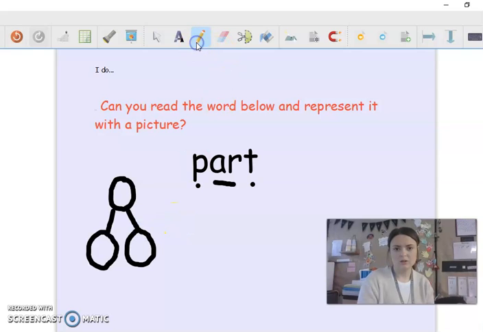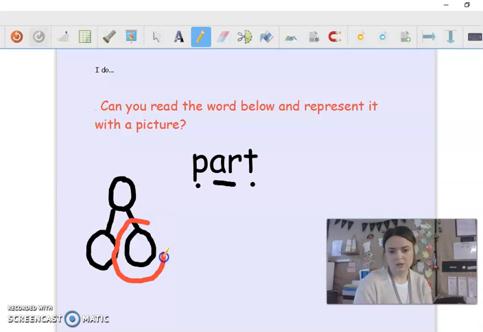Okay, so I have drawn a part whole model, but the word was part, so I can't circle the whole of this diagram because that doesn't represent parts. So I'm just going to circle this, and that represents a part, just like our part whole model. So I read the word part and I represented it with a picture.